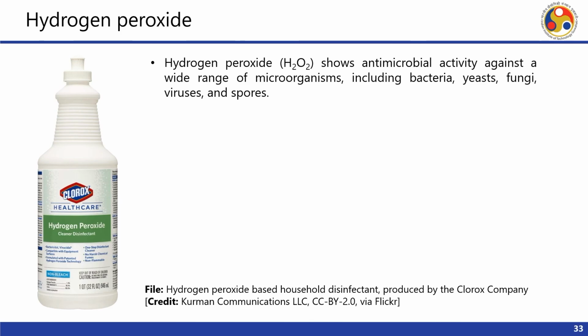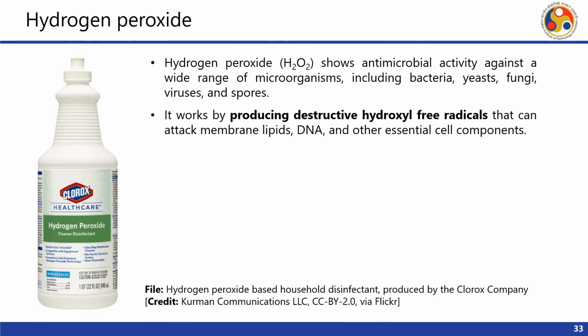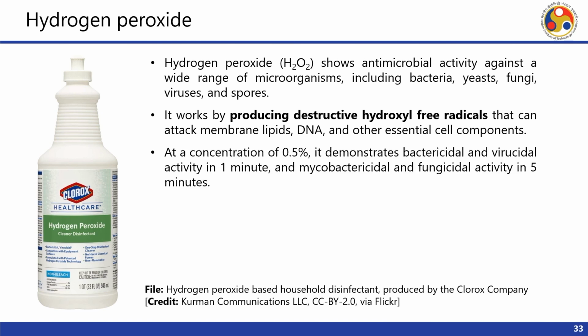Another compound that is used as a chemical control agent is hydrogen peroxide, which shows antimicrobial activity against a wide range of microorganisms, including bacteria, yeast, fungi, viruses, and spores. So, here you can see a hydrogen peroxide based household disinfectant. It works by producing destructive hydroxyl free radicals that can attack membrane lipids, DNA, and other essential cell components at a concentration of around 0.5%.